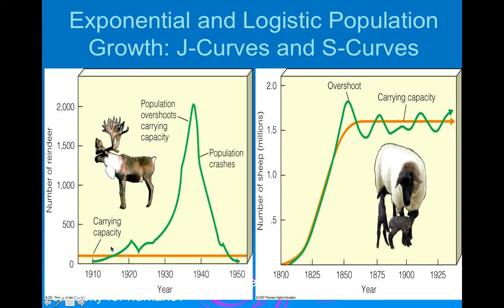Maybe there was a lot of food at one point, but then we had too many individuals because of all that food, and then you end up having a population crash. So this population crash is called an overshoot, where I overshot my carrying capacity, and now I'm going to have a die-off of individuals because environmental factors are resisting my exponential growth, but it hasn't caught up yet to what I'm actually seeing.